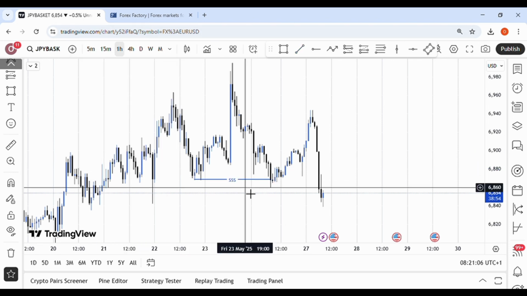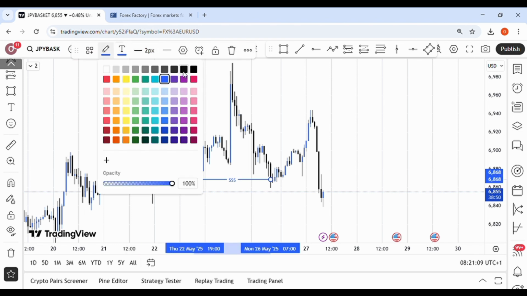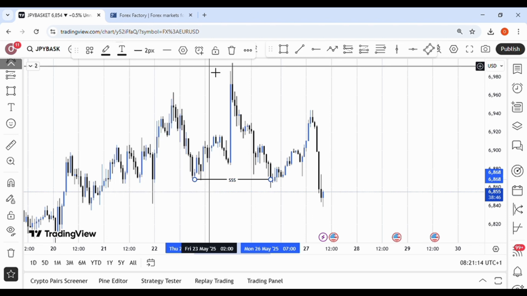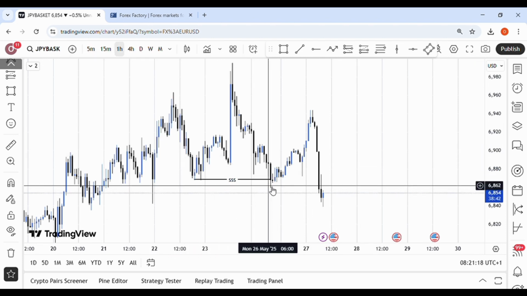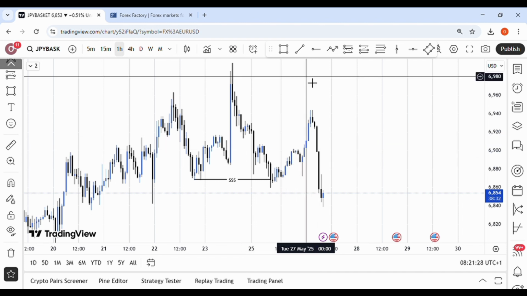So therefore, with all this, I think we need to be selling GBPJPY, because price has been pushing to the upside after clearing this liquidity. You can see this big push to the upside. I think all this move happened yesterday.